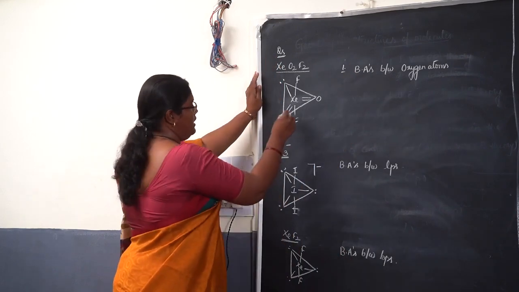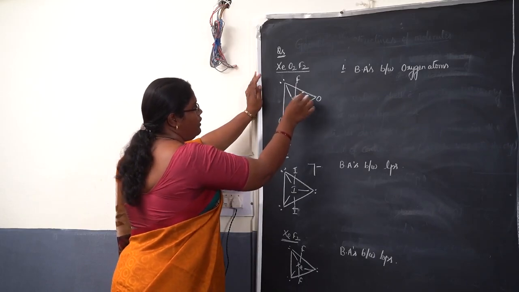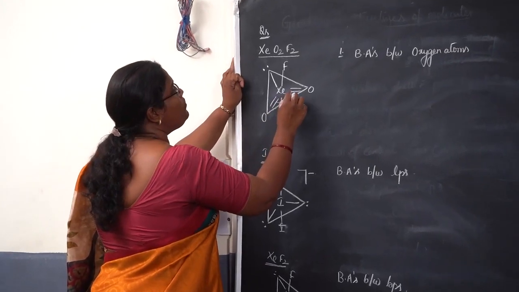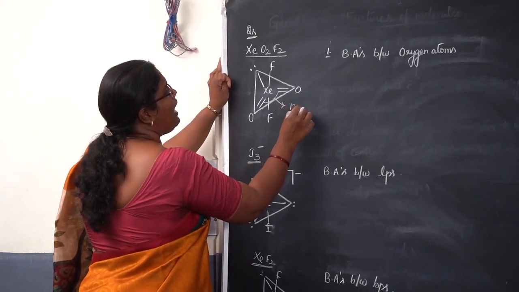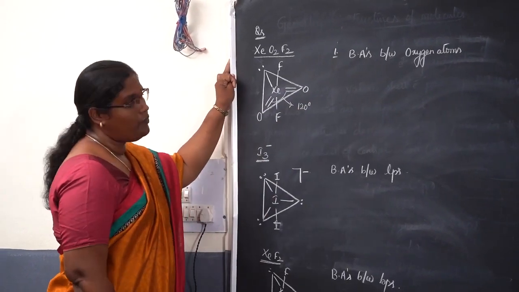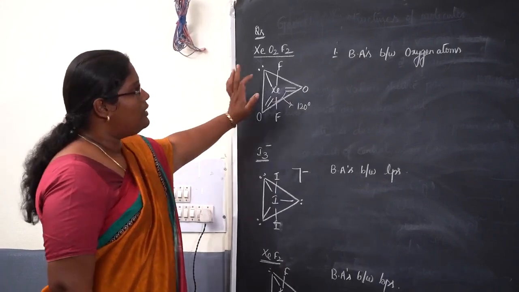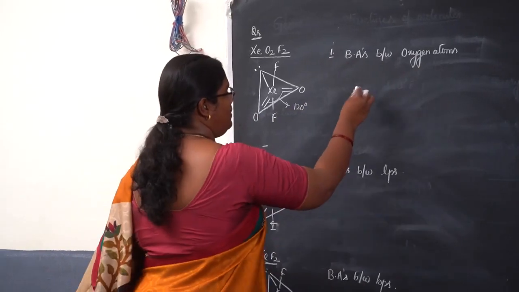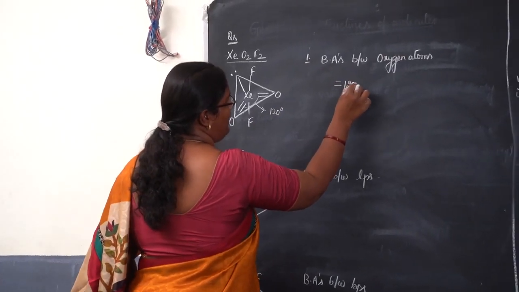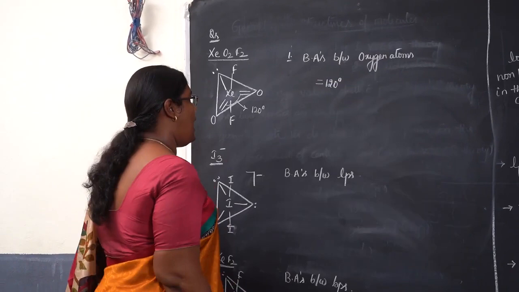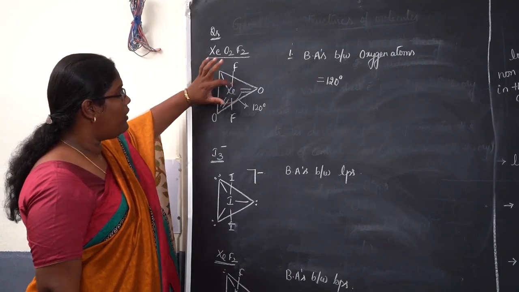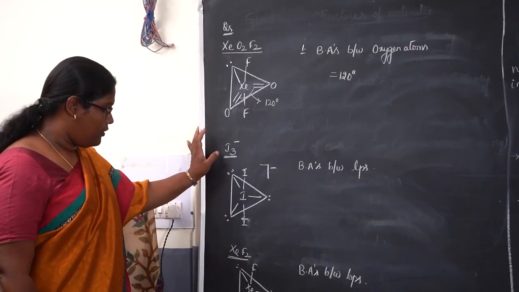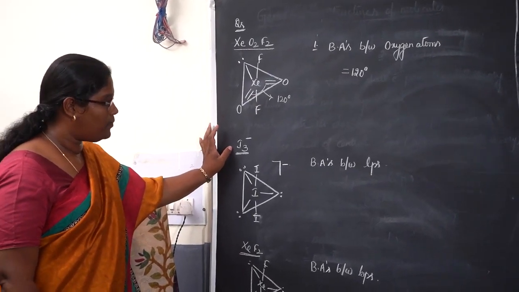So here the oxygen atoms are occupying the equatorial positions, and between the equatorial positions, the approximate bond angle is 120 degrees. So we can say that the approximate bond angle between oxygen atoms is 120 degrees, as the oxygen atoms occupy equatorial positions. And the second one, I3 minus.